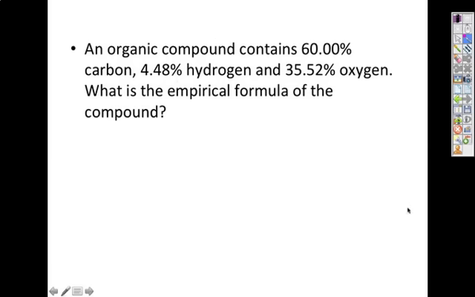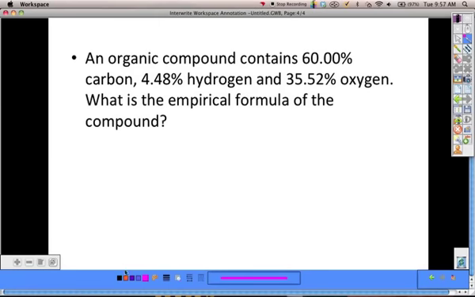We need to know what they are in mass, in grams, first. Okay, they're finally loaded. So, whenever you see a problem with percentages like this, you are going to assume that we have 100 grams.